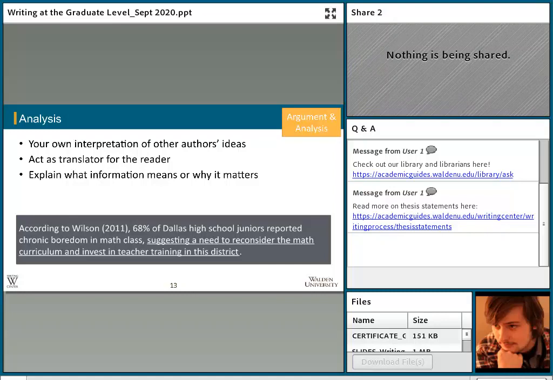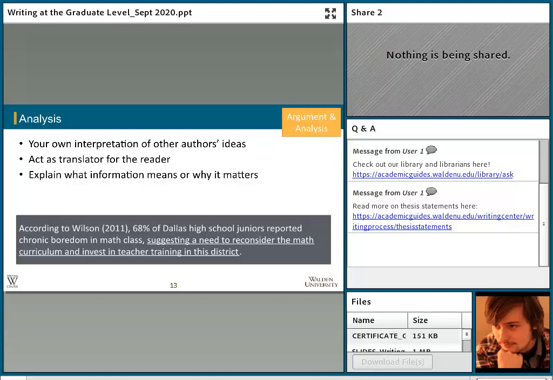You need to tell the reader what you mean for them to take from that piece of source material. What is the important part of that? What does that demonstrate that is important to building my own argument? That is the question that analysis answers. In this case, the data suggests that we've got to rethink this curriculum because of this chronic boredom issue. You get what I'm saying here.